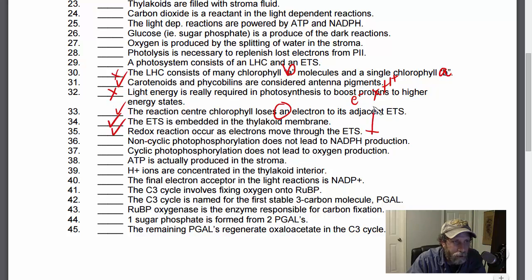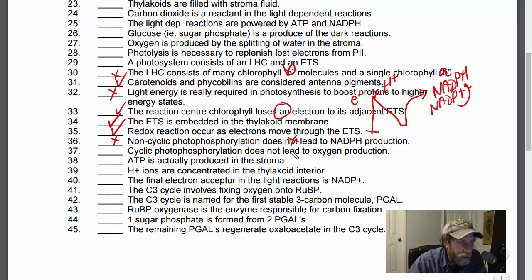Non-cyclic is when the electron goes up, down to the next photosystem, up and out of the system. That's non-cyclic. It does lead to NADPH production. Remember, NADP plus is the final electron acceptor converted to NADPH, so it definitely leads to NADPH production, so this is wrong.